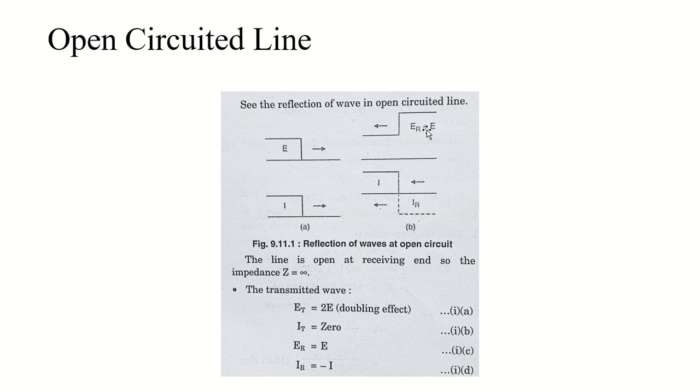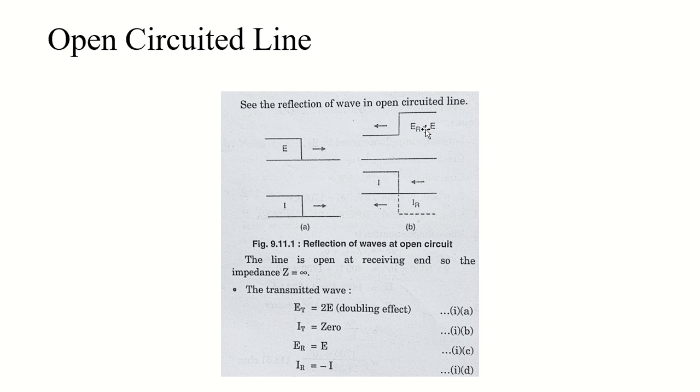That is what happens in the open circuit. Because I and IR are in the opposite direction, the resultant current will be zero, but the voltage will be maximum. That is what happens in the open circuit as per our basic understanding.